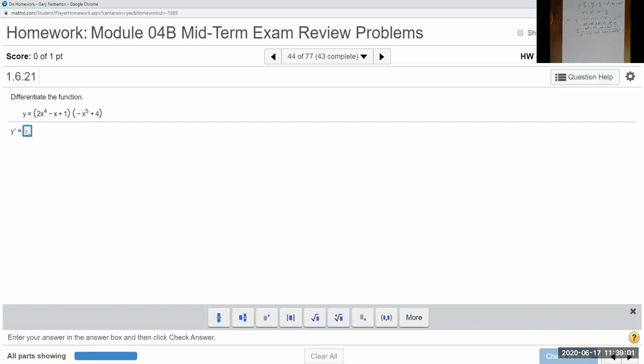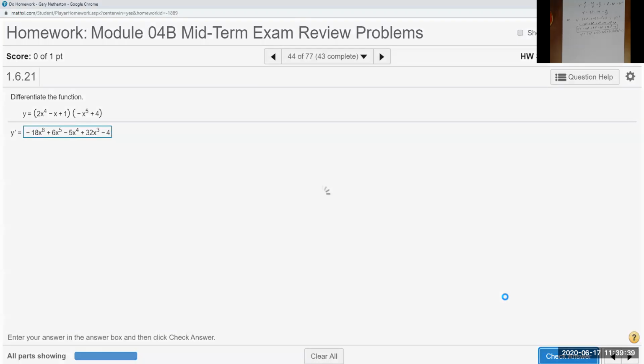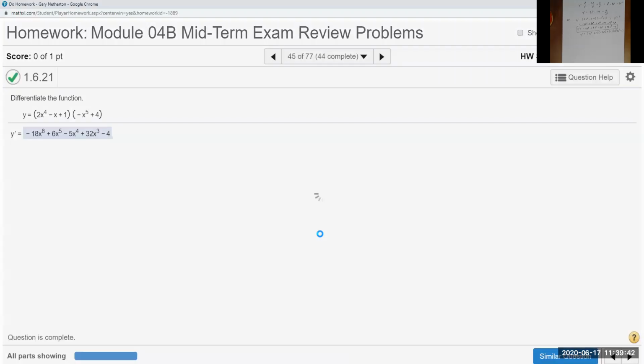So I have negative 18x to the 8th plus 6x to the 5th minus 5x to the 4th plus 32x cubed minus 4, and we cross our fingers, and that's good. Did it correctly.